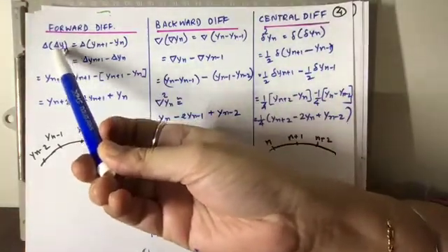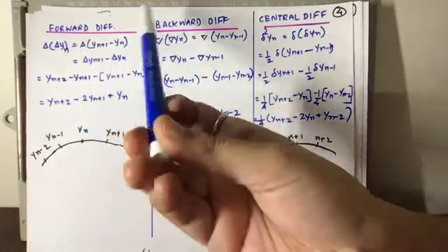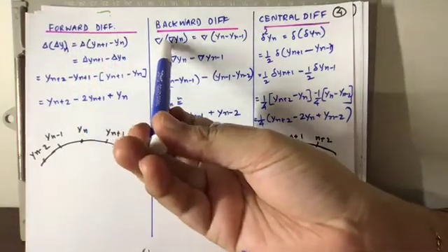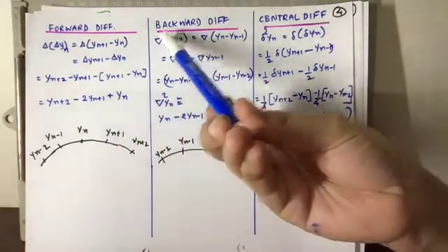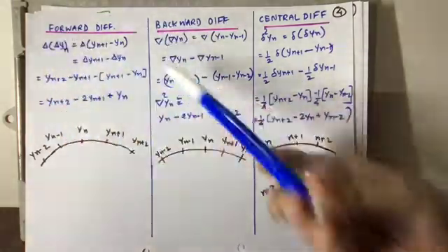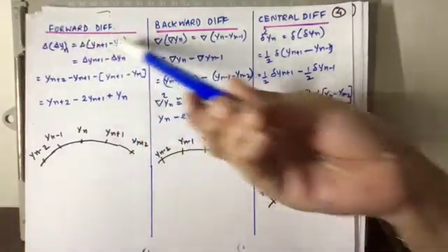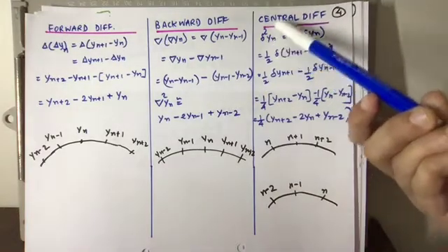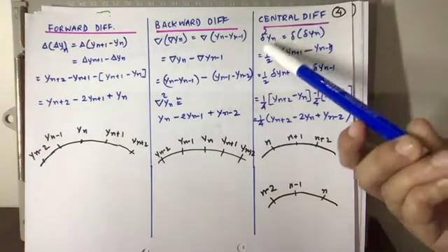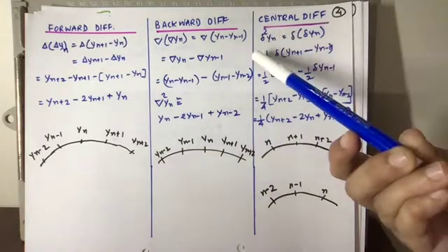One is the forward difference equation, delta y n, and the inverted delta symbol, the backward difference, applied 2 times each, which give us the forward and backward difference equations. Then delta square y n, when we consider the symmetry point xn, we write the one value ahead and one value behind.